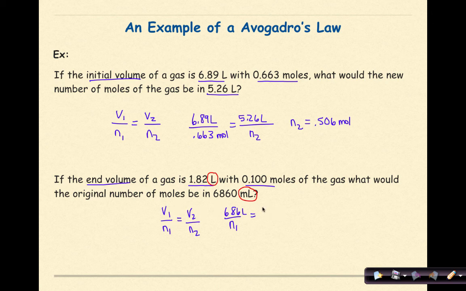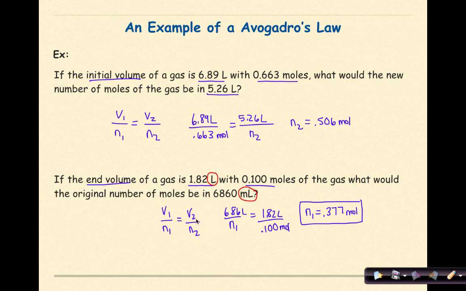My end volume is 1.82 liters, and my end number of moles is 0.100 moles. So again, if I cross multiply and solve for N1, I find that N1 is equal to 0.377 moles.